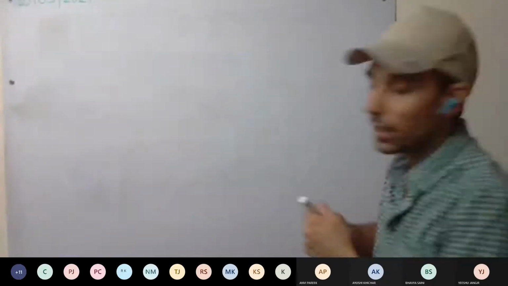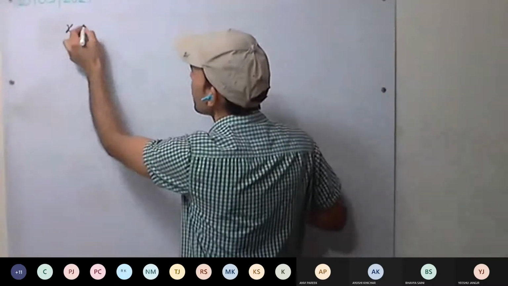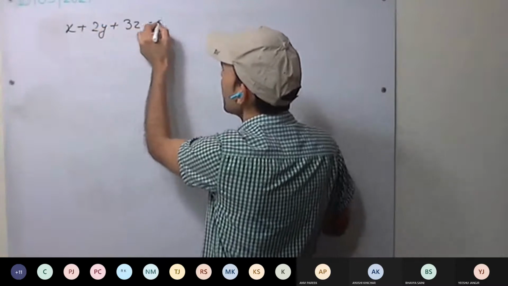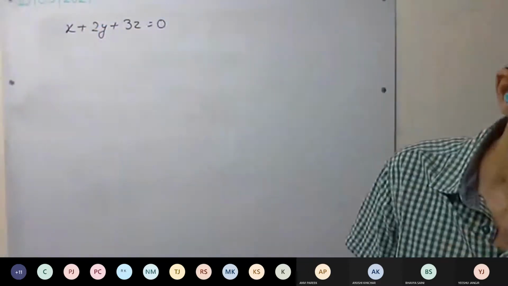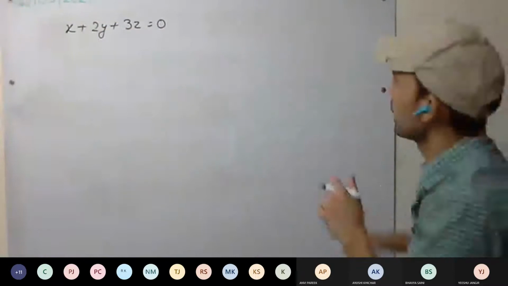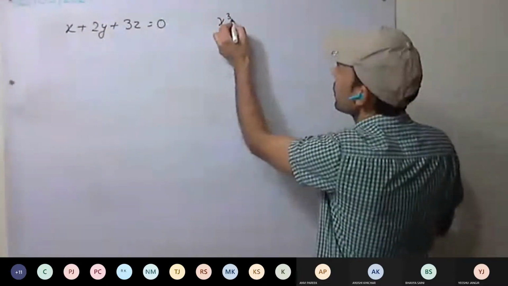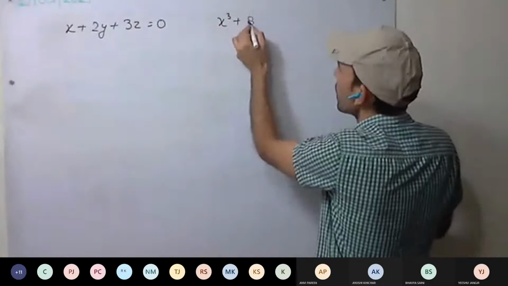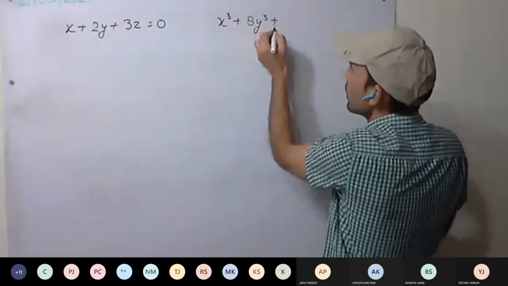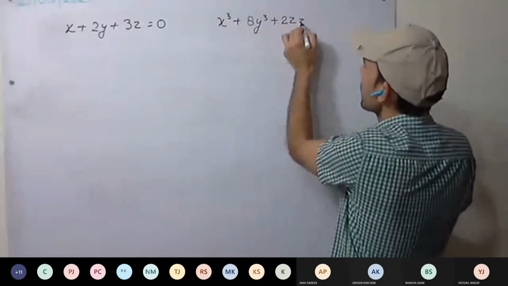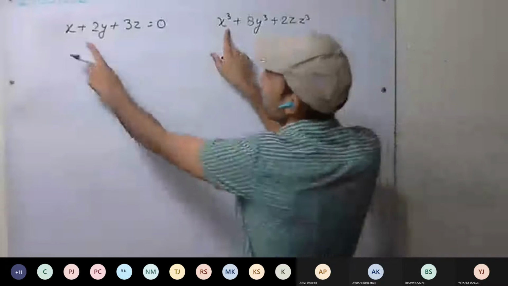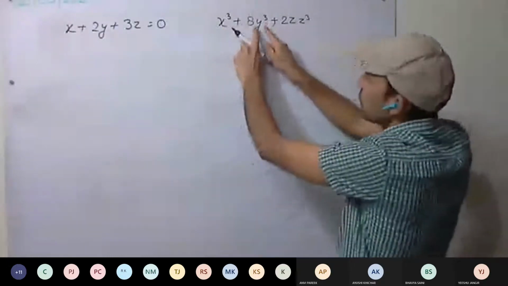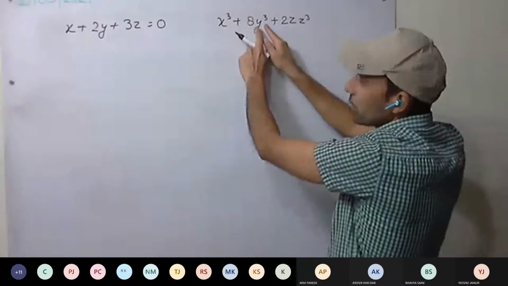So here again, two conditions are given. x plus 2y plus 3z equal to 0. Here, see here, x cube plus 8y cube plus 27z cube. You can see it's the cube of x, it's the cube of 2y, 2y the whole cube, we are getting 8y cube.